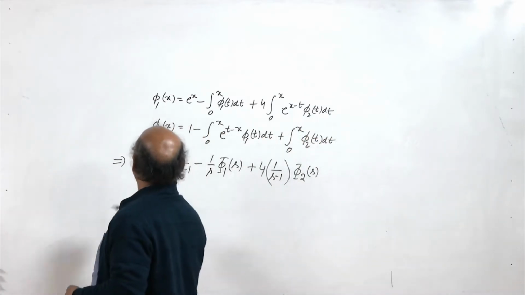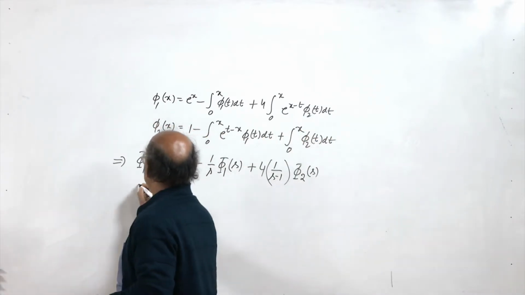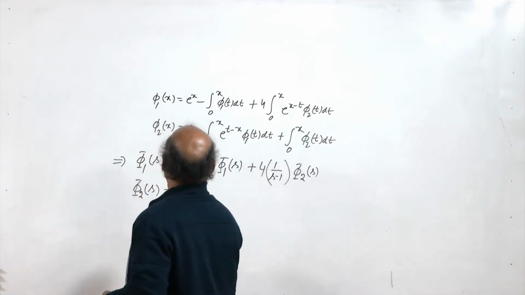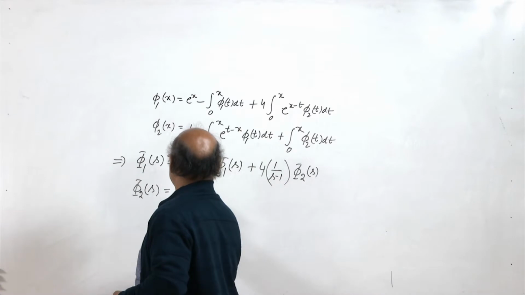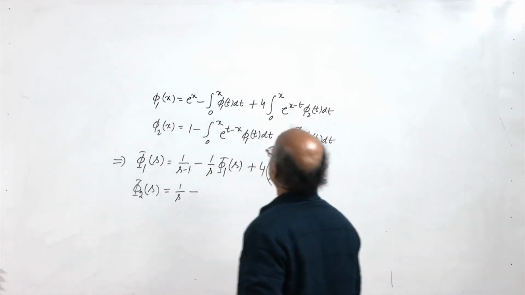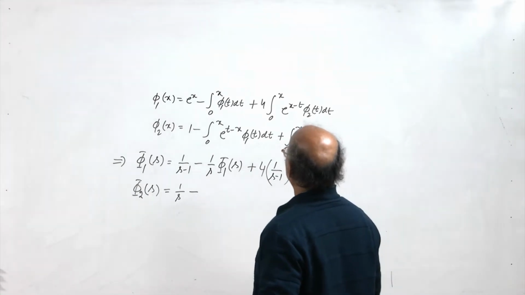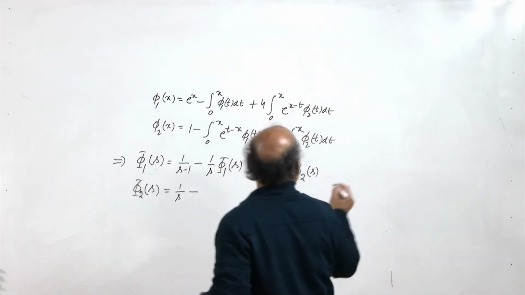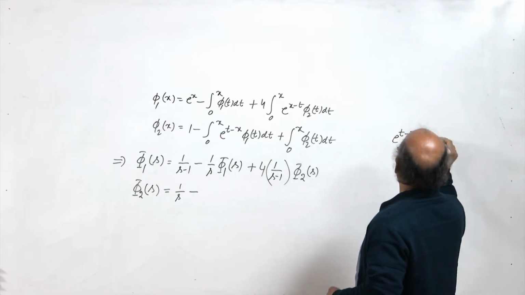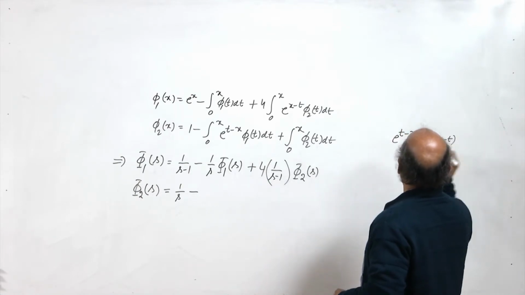And then the second equation gives the Laplace transform of phi 2 x is phi 2 s. The Laplace transform of 1 is 1 over s minus, now here we have e to the power t minus x, so we will have to write it as e to the power minus x minus t.